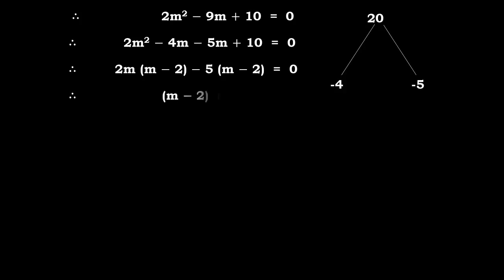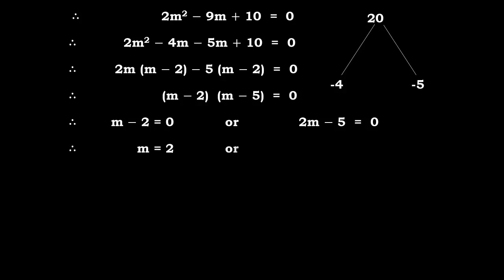Therefore, m - 2 is common. Second bracket 2m - 5 = 0. m - 2 = 0 or 2m - 5 = 0. Therefore, m = 2 or 2m = 5. m = 2 or m = 5/2.